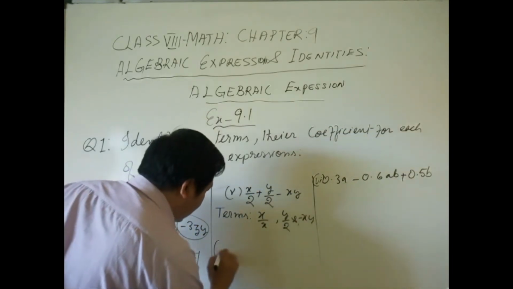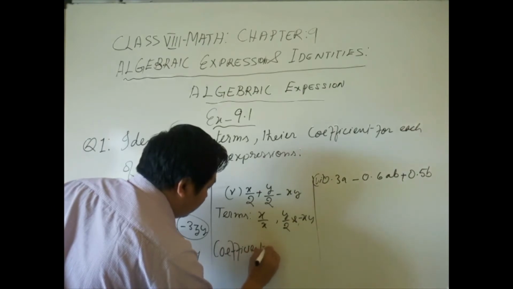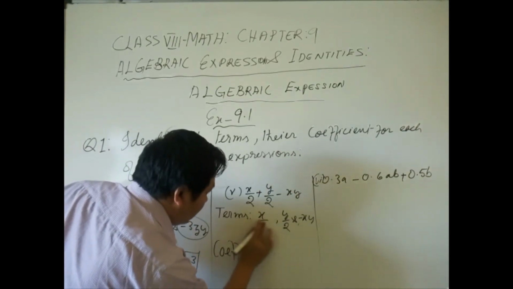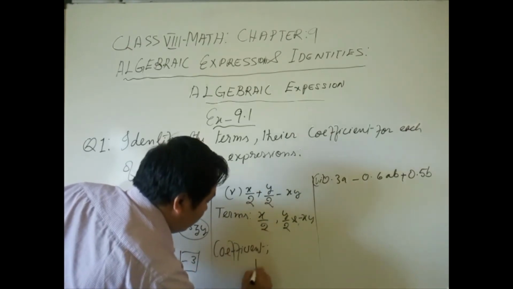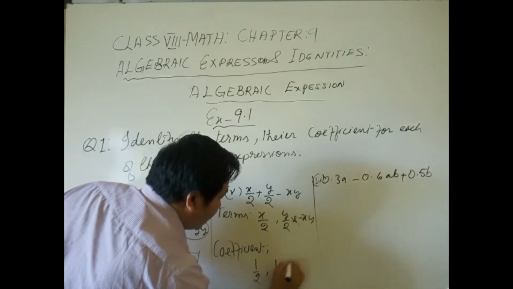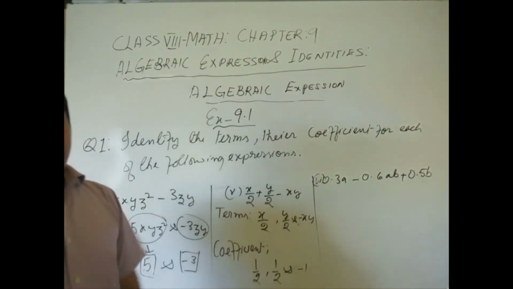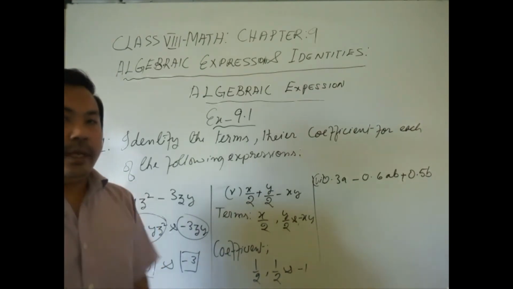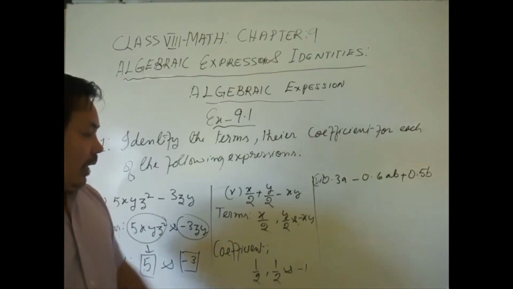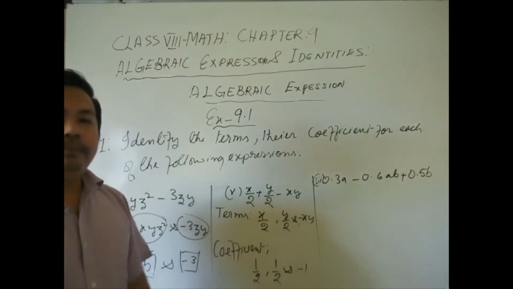So the coefficients, just the numbers in front: the first one is 1 by 2, this is also 1 by 2, and for this it is minus 1. When there is no number, take 1, or minus 1. Okay, clear? When there is no number, the coefficient is 1. Here x by 2, y by 2 gives 1 by 2, 1 by 2.